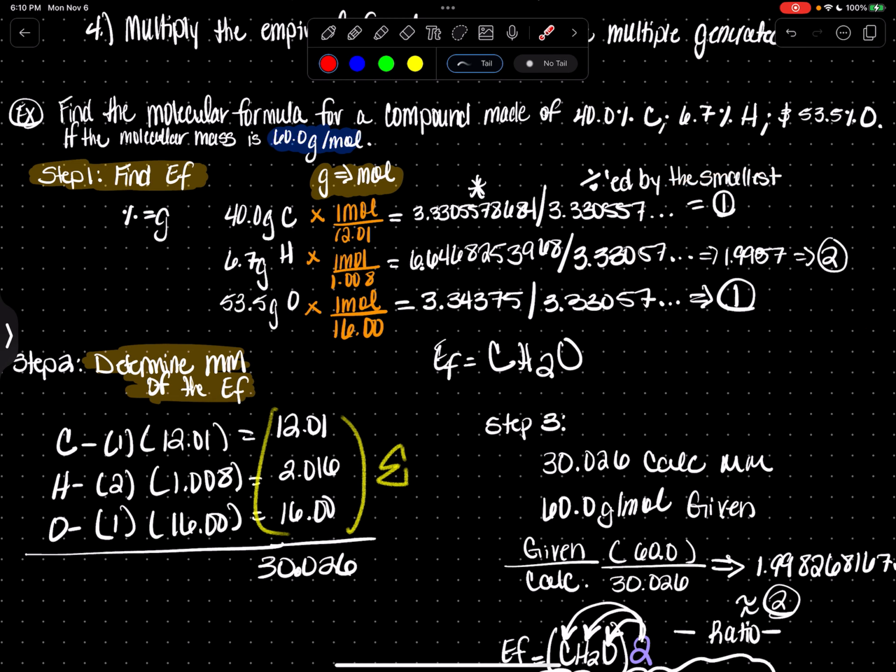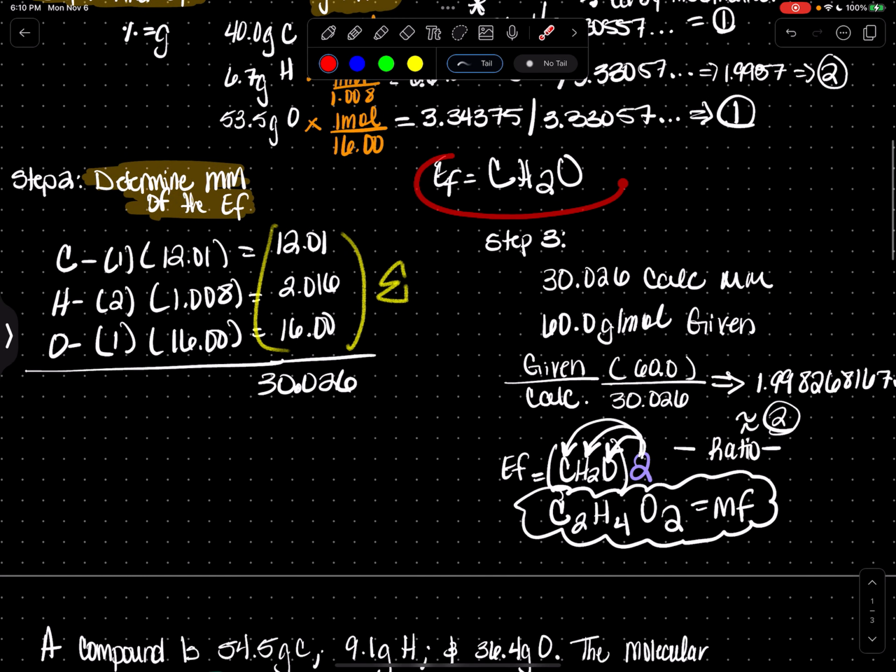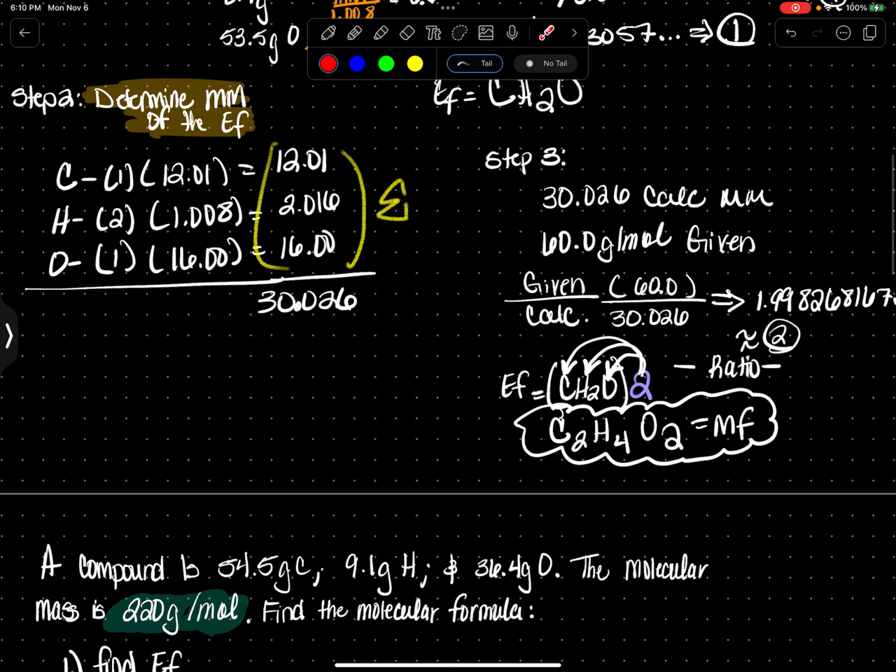That's what that mess is here, and we found our empirical formula. Once we find that, get that mass value here. Then after you get your mass value, you take what's given divided by what's calculated. That gives me my ratio of 2. I send that 2 to my entire compound, giving me my molecular formula.